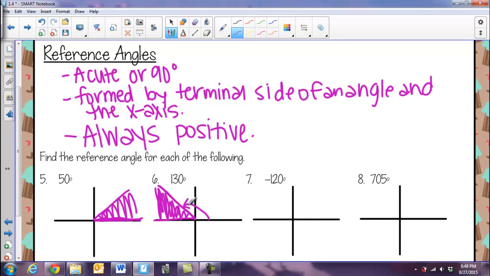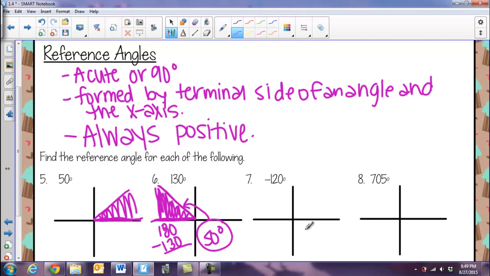If I wanted to find that value, I would simply take 180 degrees, because that's what the x-axis is, minus 130 degrees, and I would find that the reference angle is 50 degrees. So they still have the same angle, so if I was to find the triangle formed by that angle, it would be the same type of triangle.